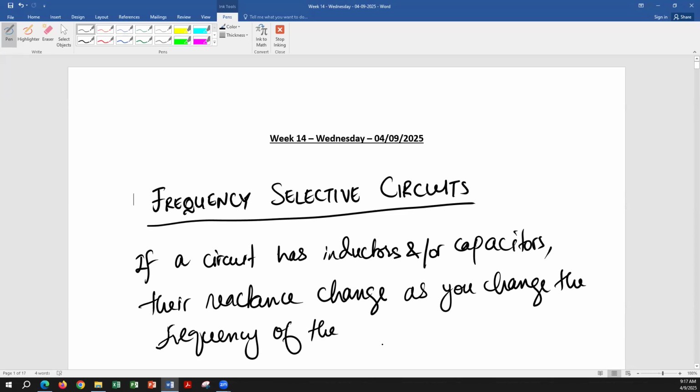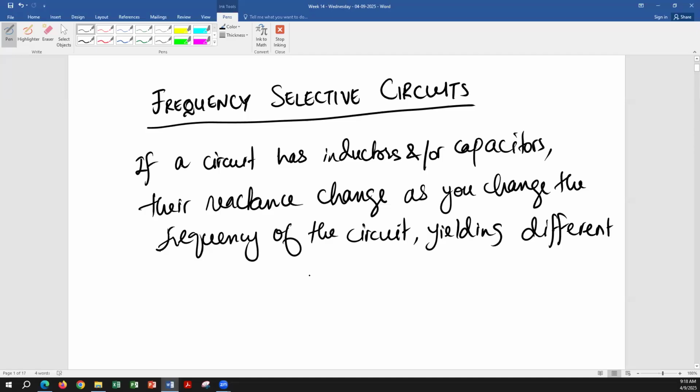Frequency of the circuit means, of course, you're changing the source frequency, or the incoming signal has a different frequency, yielding different response at different frequencies.